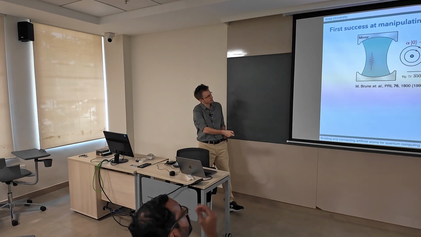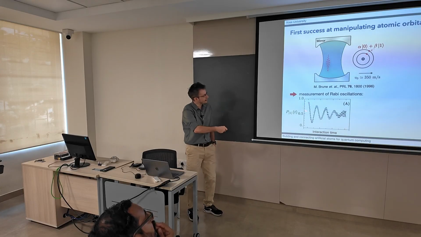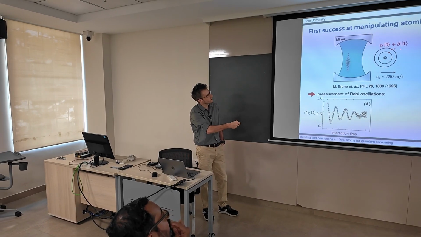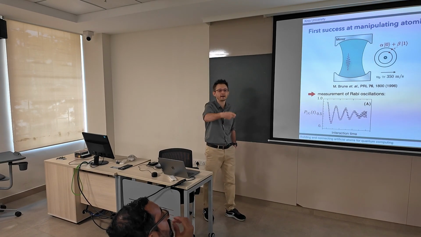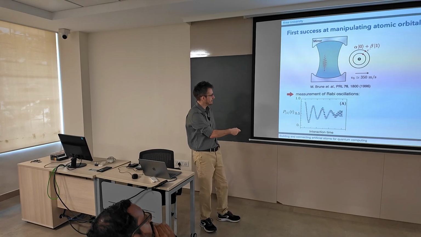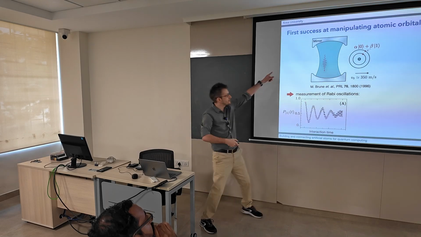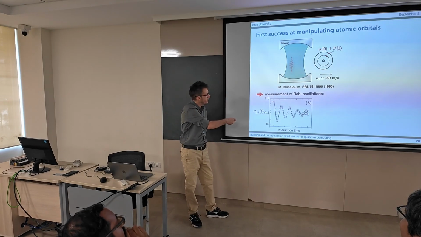That's an experiment that was done in 1996. This is what you get if you measure the probability of being in the excited state, how much we are in the 1 state as opposed to the 0 state. You get this curve. Initially you are in the 1 state, because we prepared it in the 1 state.